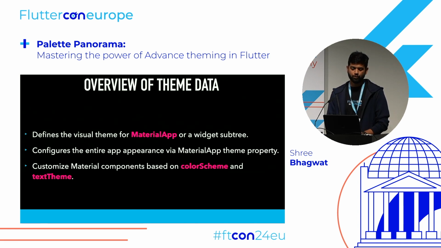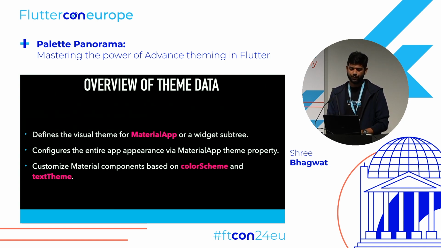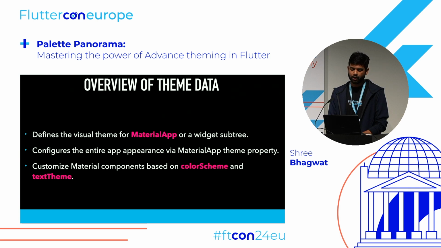And here's the overview. It defines the visual theme of a material app or a widget subtree. So whatever you see on the material app or whatever widgets you have, you can define the visual theme. It configures the entire app appearance via the material app theme property, and customizes the material components based on the color scheme and text theme.